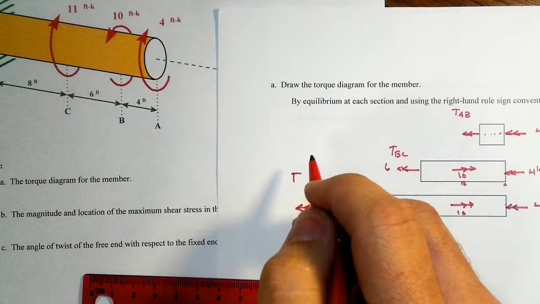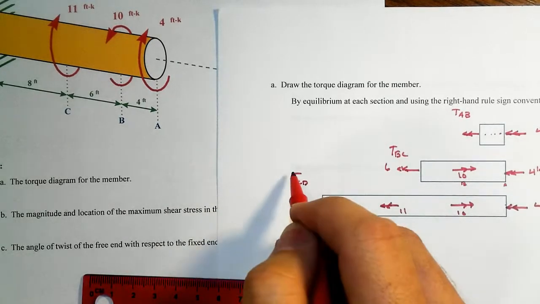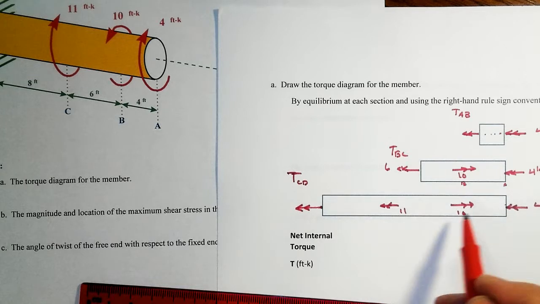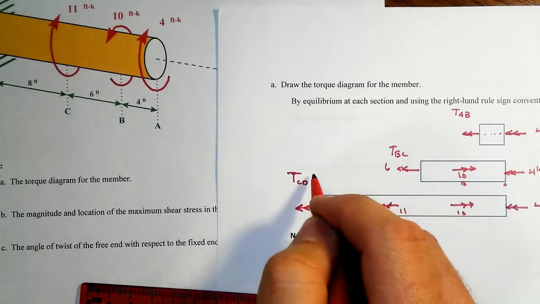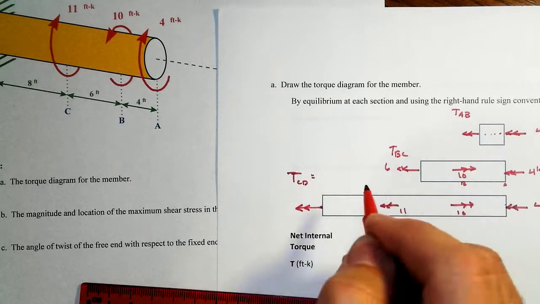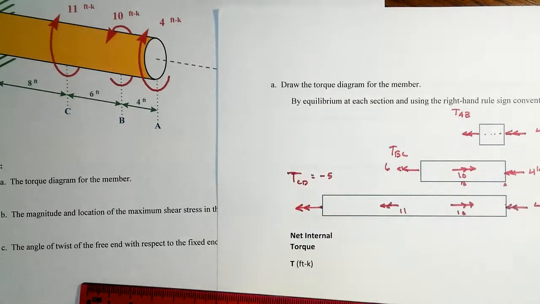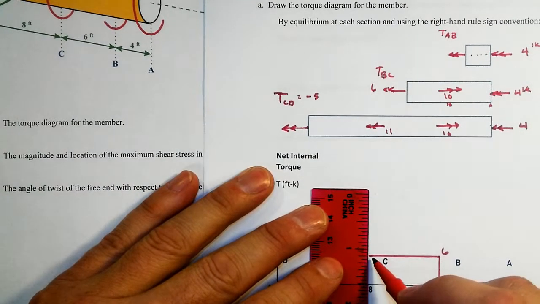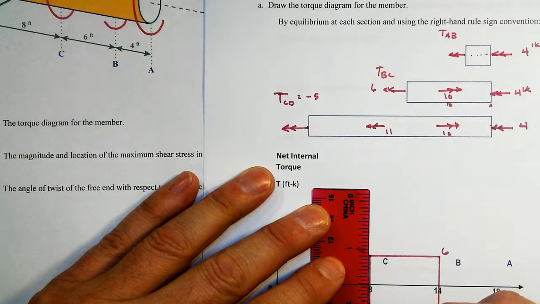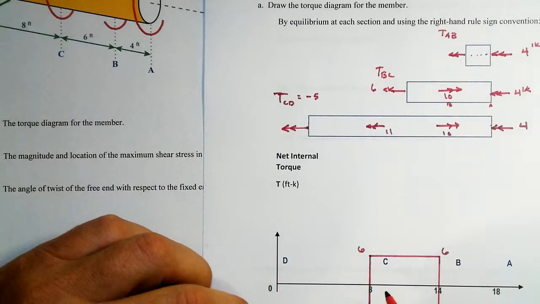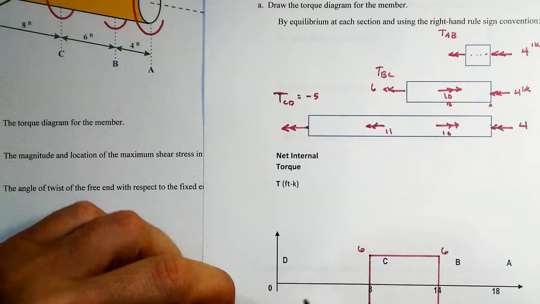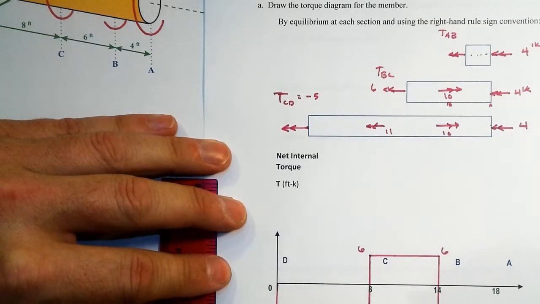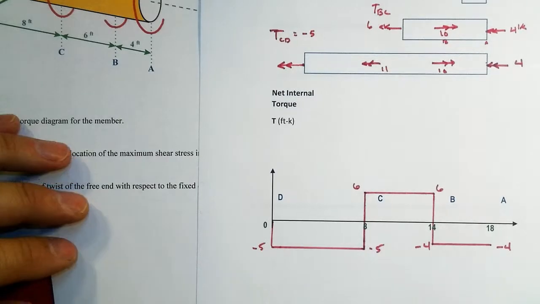That's the reaction at D, also equal to the internal torque between C and D. And now we got 15 going to the left, 10 going to the right. This is going to have to be a minus 5 for that to be all in equilibrium. So we'll bounce down. And in kip feet, there's your torque diagram.